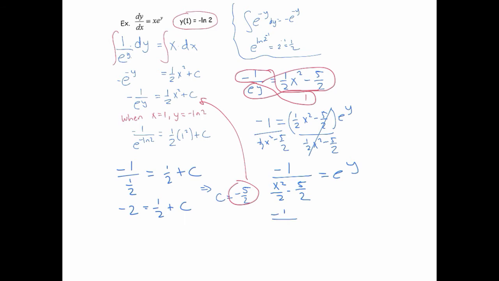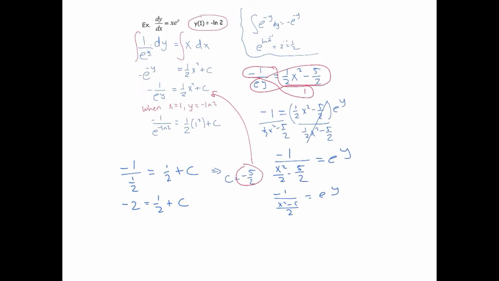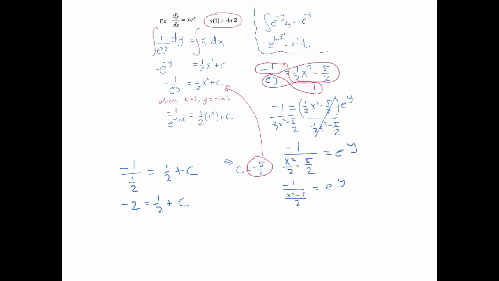So negative 1 over x squared minus 5 all over 2 equals e to the y. What I'm doing right now is all just preference. If you didn't do this, you could still get the right answer. I just want it to look better.